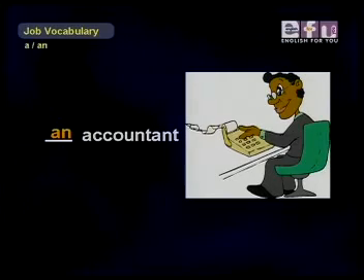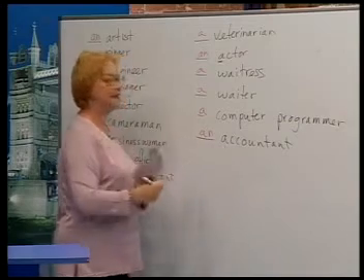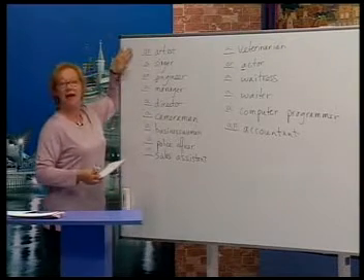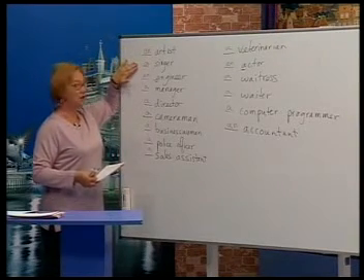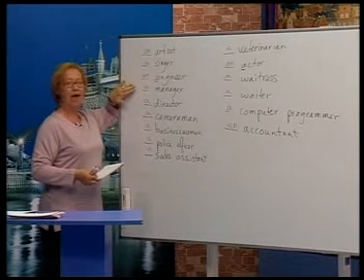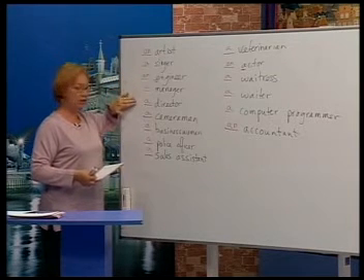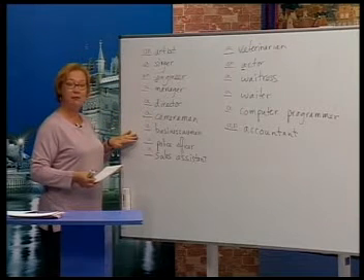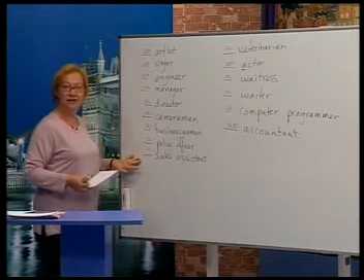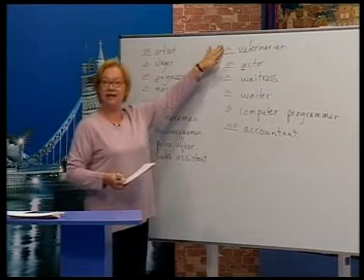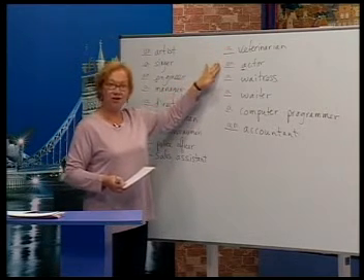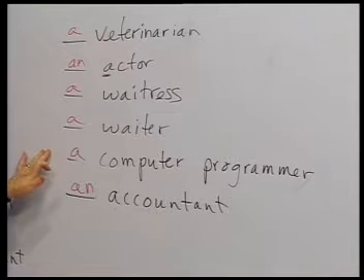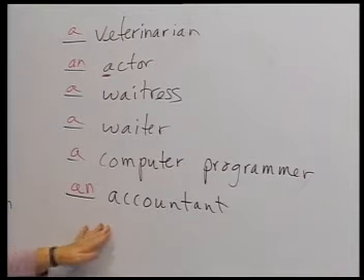An accountant. Yes, an accountant because of the A. Very good. All right, let's go over these again. An artist, a singer, an engineer, a manager, a director, a cameraman, a businesswoman, a police officer, a sales assistant, a veterinarian, an actor, a waitress, a waiter, a computer programmer, and an accountant.